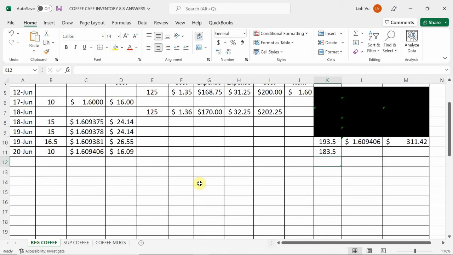I got 1.6977. That's not what I'm asking for. I'm asking for the total cost, not the average cost per item. How are you calculating the average cost per item when you don't have your total cost?